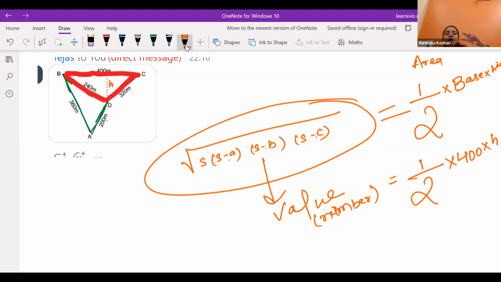You can compare that area with 1 by 2 into base into height, because we are talking about one triangle only. By Heron's formula we have the value of the area, and we compare it with 1 by 2 into base 400 into height h. From here, is it possible to find the h value?